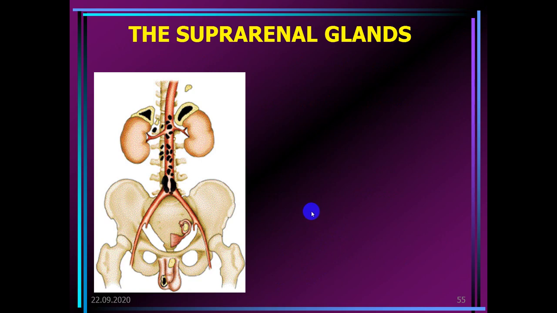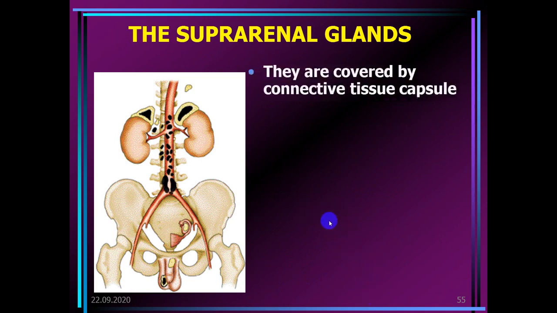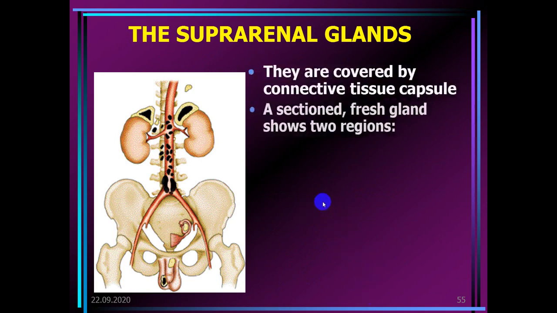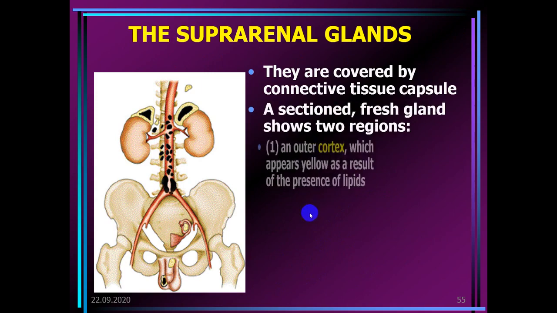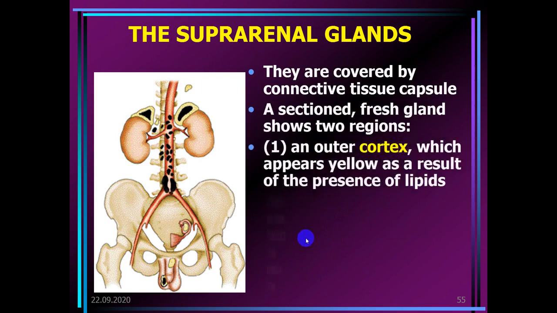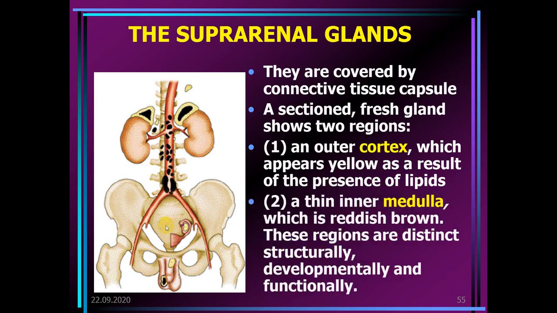The last endocrine gland which we have, and which will be the last in my lecture, is the suprarenal gland. The suprarenal gland is a paired gland which is located on the kidney, also called the adrenal gland.